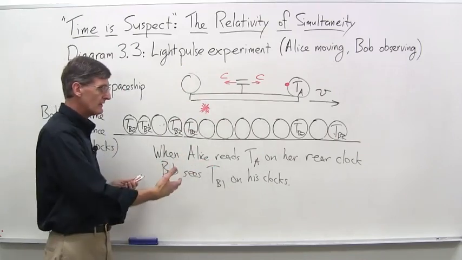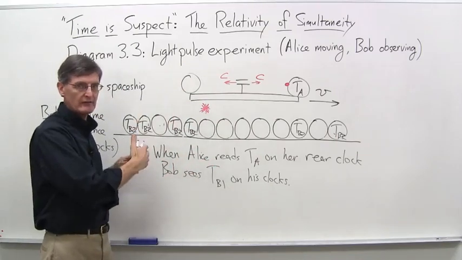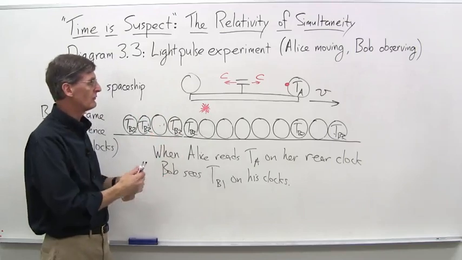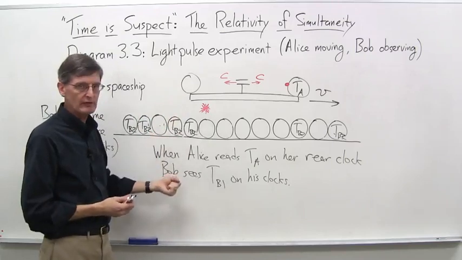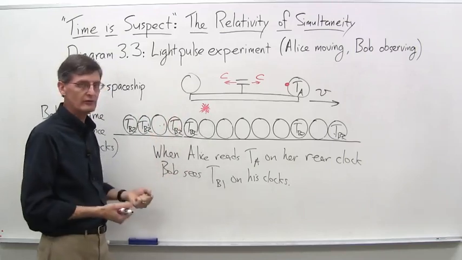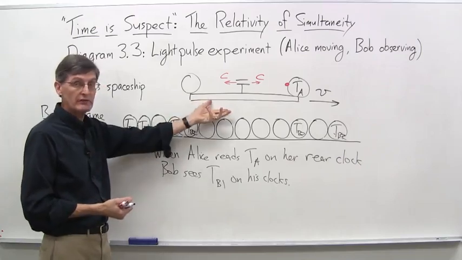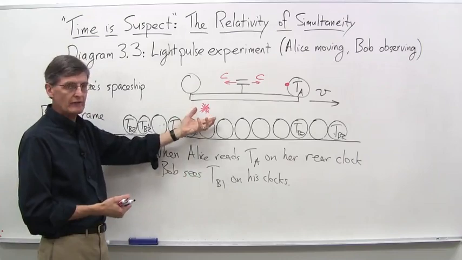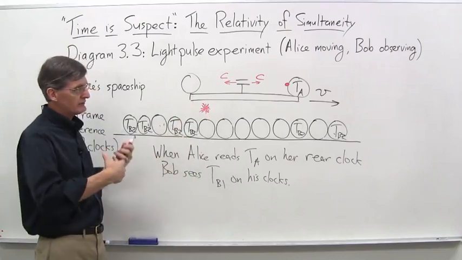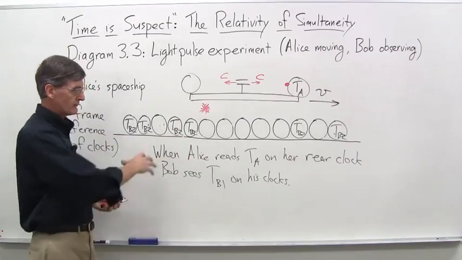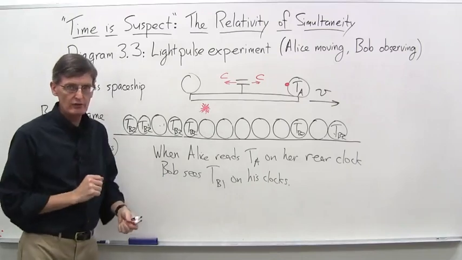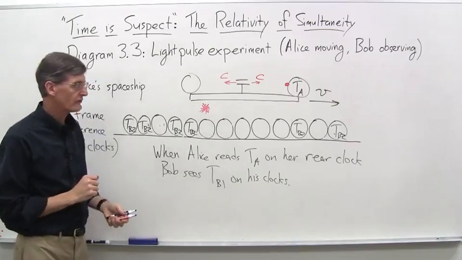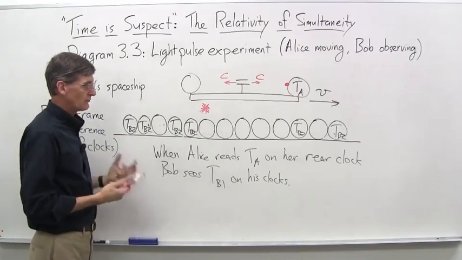And because of that, simultaneity goes out the window in terms of being an absolute thing. You cannot say two events are absolutely simultaneous. They may be simultaneous to Alice, but not to Bob, or they may be simultaneous to Bob, but not to Alice. But it was just this key insight that starts the weirdness in some of the other results of the special theory of relativity.